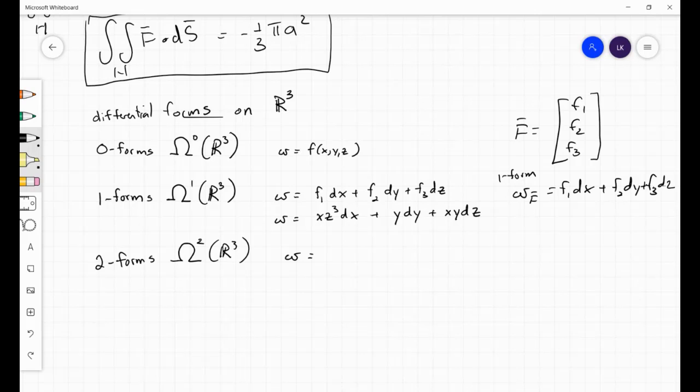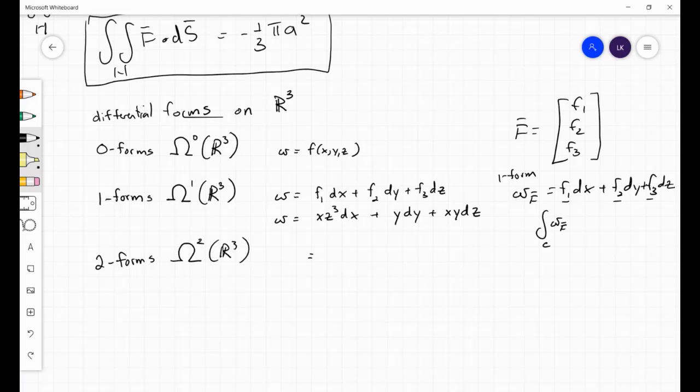So you take that vector field and you associate it to a one form, where the x, y, and z components of the vector field multiply dx, dy, dz. And then the work integral can be written as the integral of that one form over whatever path. Okay.